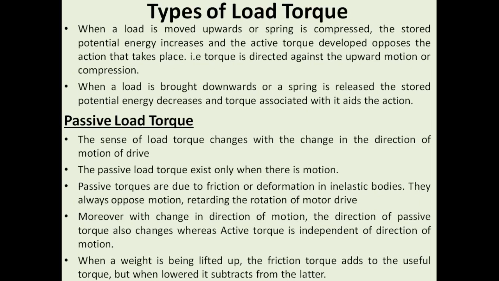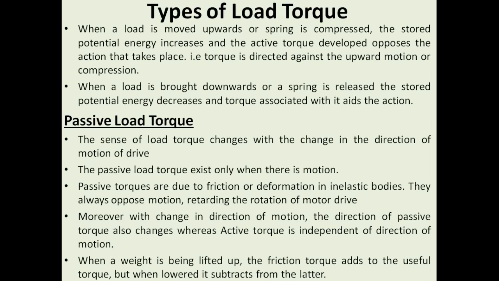Then it's very clear that the potential energy goes on increasing. Similarly, we can take the example of a spring. Whenever we are compressing the spring, the potential energy of the spring is increased. In this scenario also, the active torque will be acting in the outward direction.